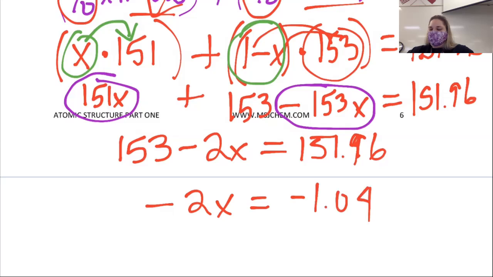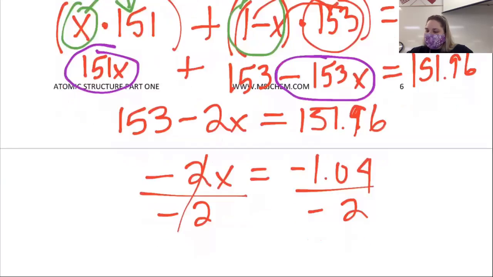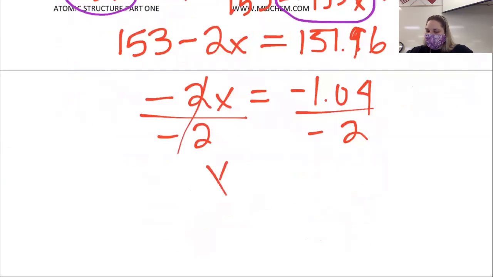And then divide both sides by negative 2 because I want to get x by itself. And when I do that, I get x equals 0.52.